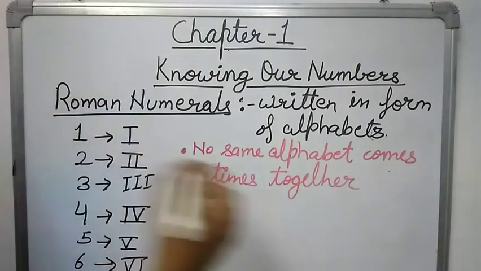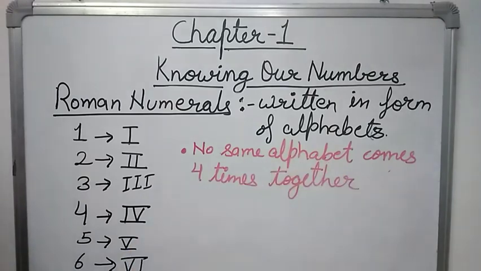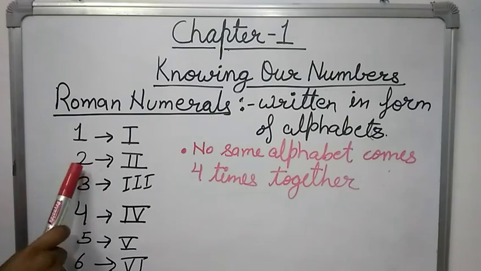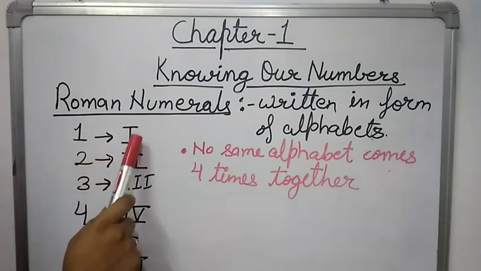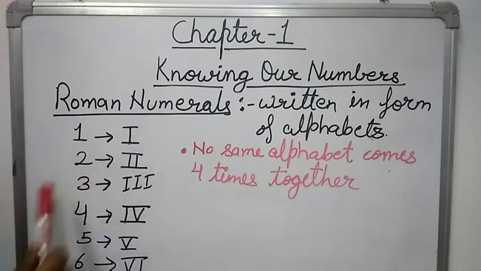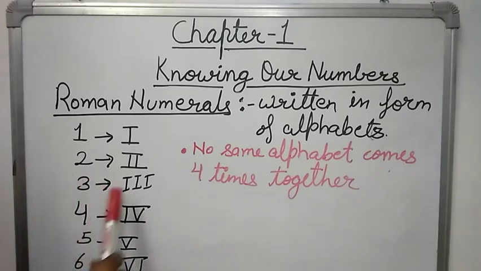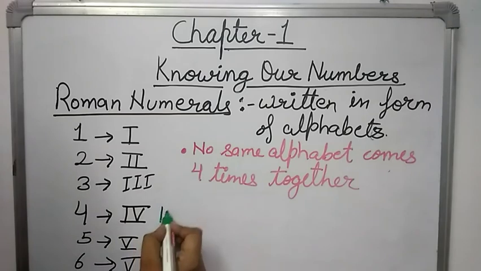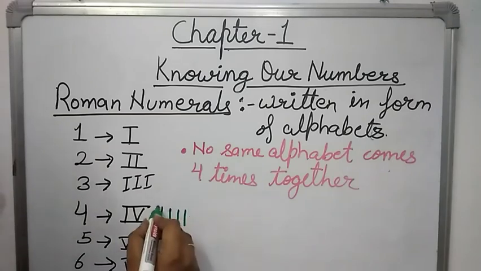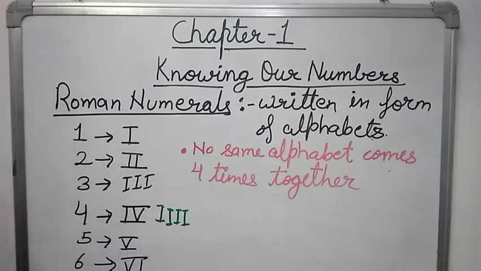Means, as we are writing 1 as I, in 2 what we did? We repeated this I one more time. In 3 we repeated this I for another one more time. So this becomes 3 I's. But for 4 we had not written four I's all together, because this is a rule of the Roman number system.